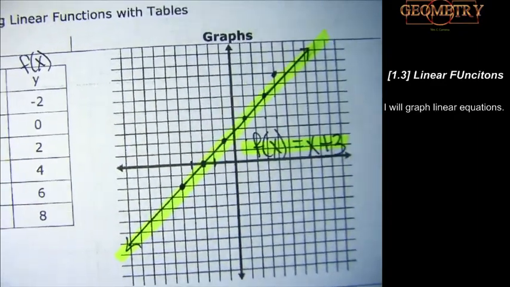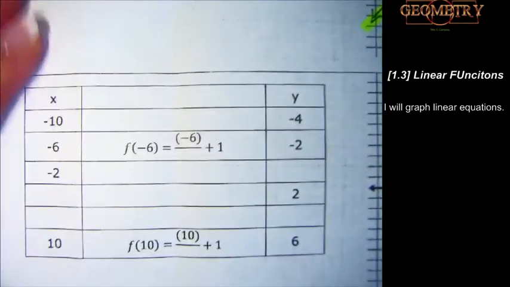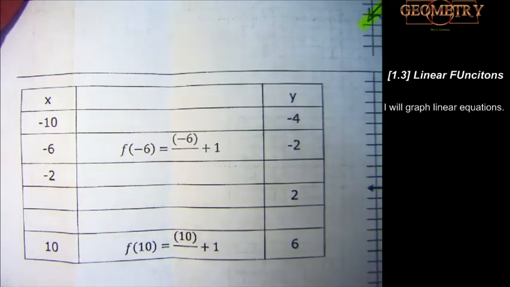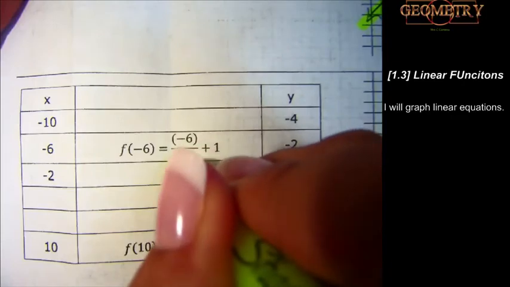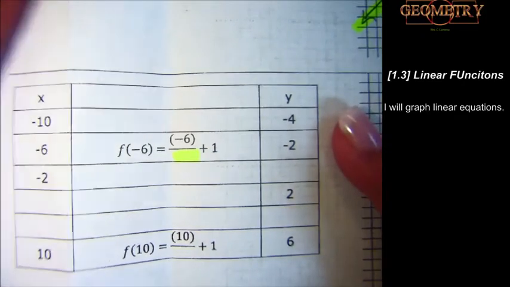Good. Let's make it one step more complicated. Scooting down to the second example, I've got a table of values. My function rule isn't clearly stated, only part of it is. The problem is that we're missing that bit. But here's the good news.